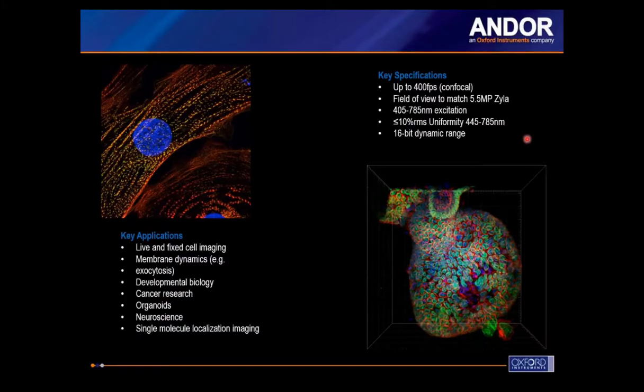This is very important because you can acquire all the signals in an image, from the very dim to the very high, without imaging saturation or losing any of the low signals. Therefore, it is not surprising that the Dragonfly can be used for a very broad range of applications, such as live and fixed cell imaging, membrane dynamics, cell and developmental biology, cancer research, organoid biology, neuroscience, and single molecule localization imaging.